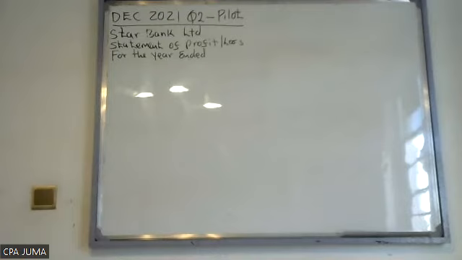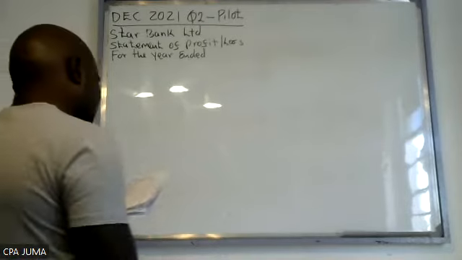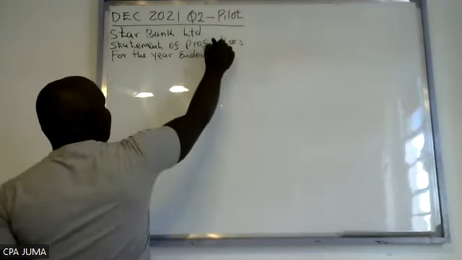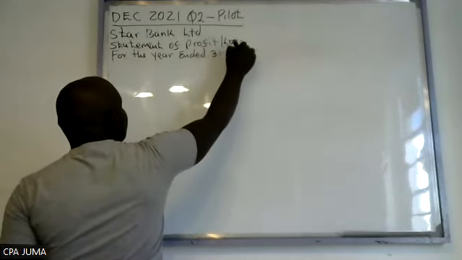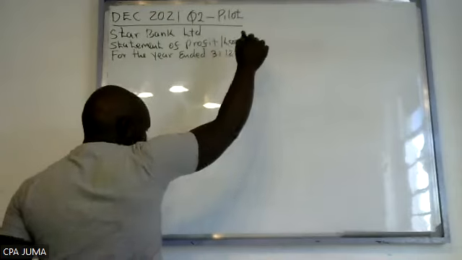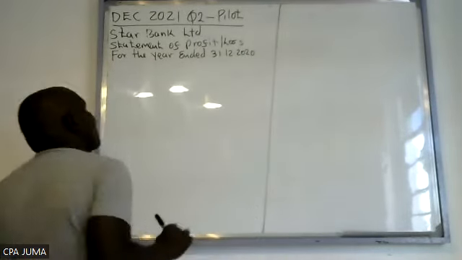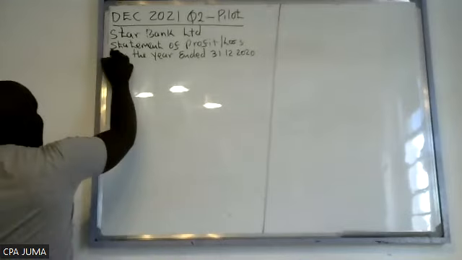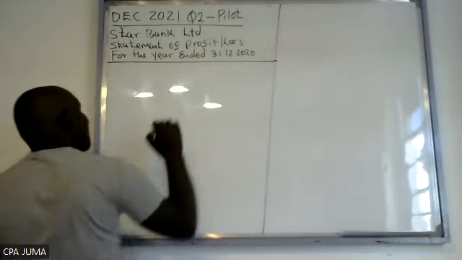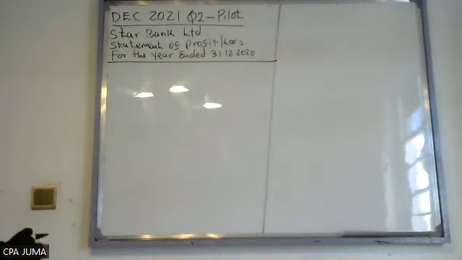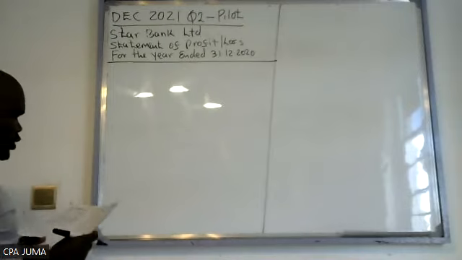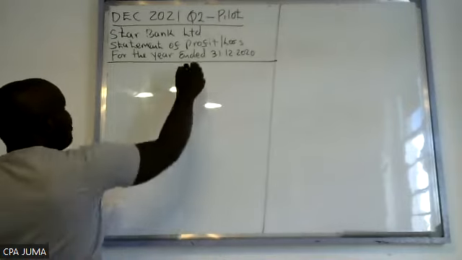For the year ended, when is the year ending? 31st December 2020. So shillings are in millions.